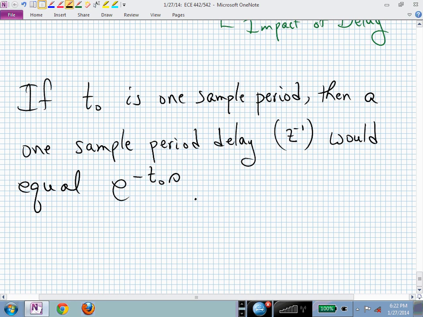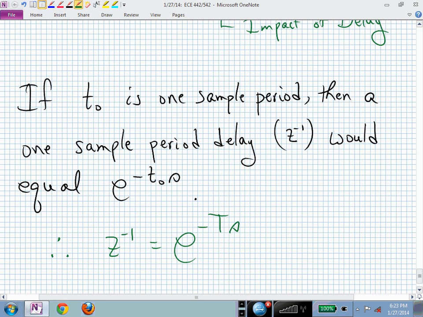Now, little t sub 0 is kind of tedious to keep track of, so let's just call it capital T. We'll just agree to that. So that now we're saying that z to the minus 1 is e to the minus t s, where t is now capital T. Now we have a way of relating s and z.